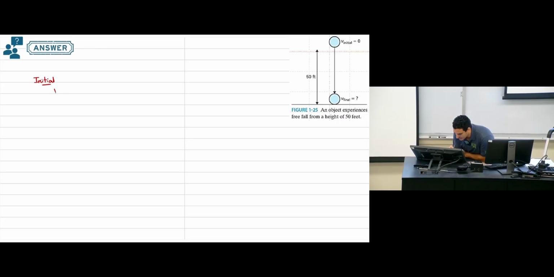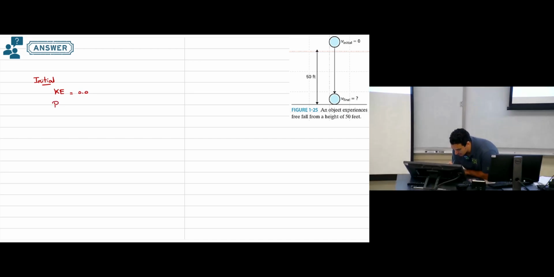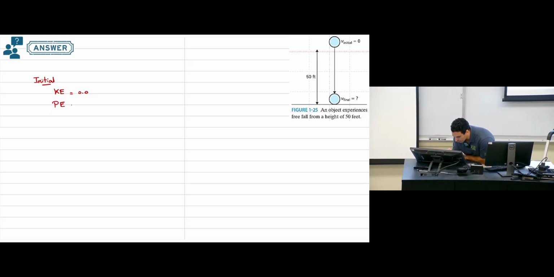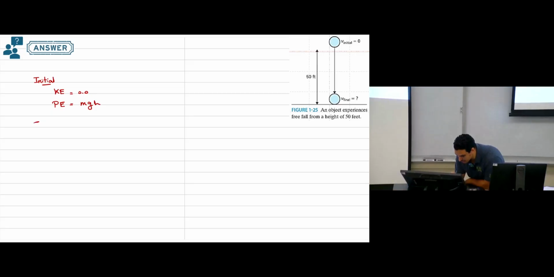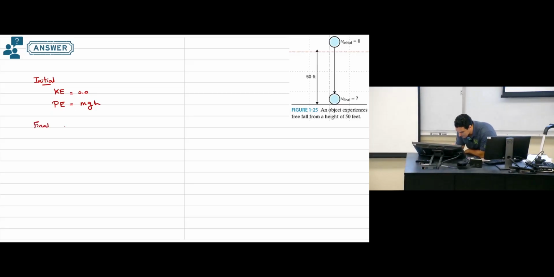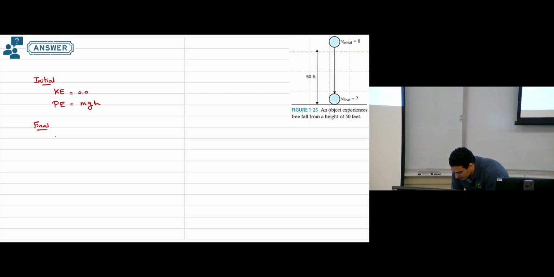This system has kinetic energy equal to 0 because it's not moving. But it has a potential energy which we can calculate from the equation mgh. Then in the final state, when it hits the ground, this body has kinetic energy, not 0, because now it's moving.